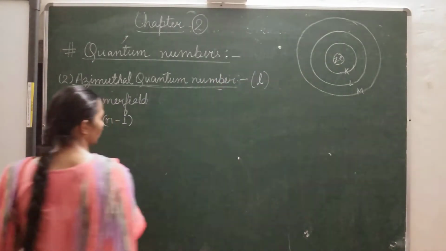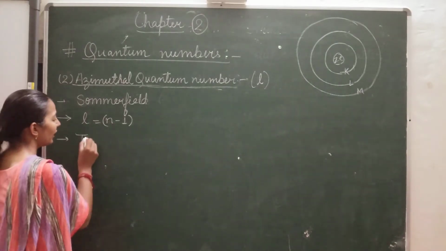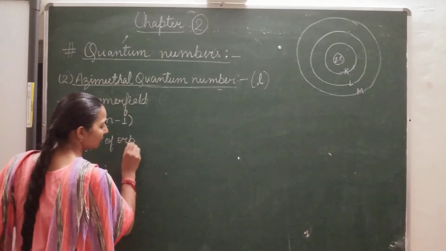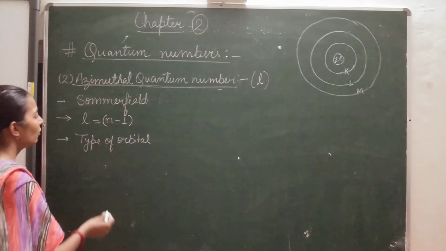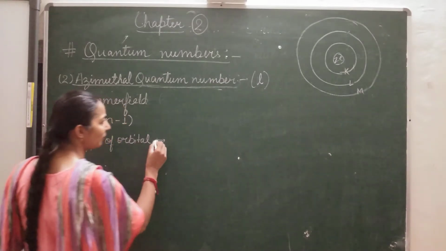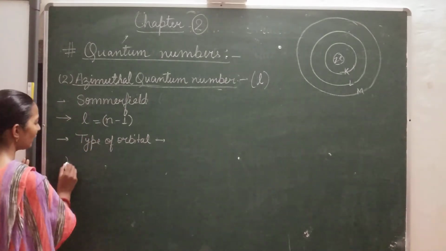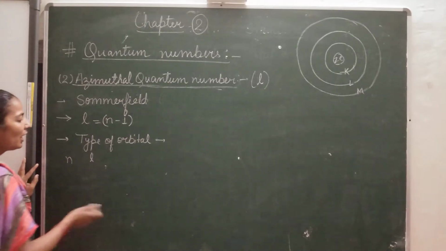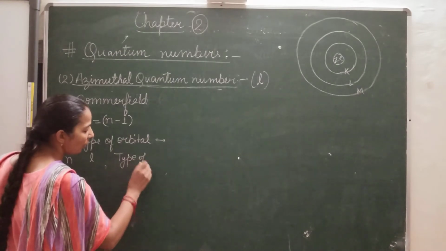So let's do it. Number one thing, it gives information about the type of orbital present in an orbit. Let's draw a table. Here we are writing the value of n, here the value of L, and here the type of orbital.